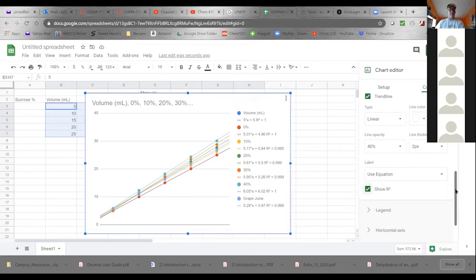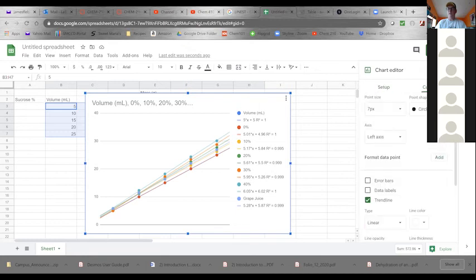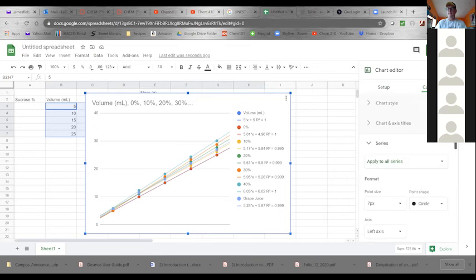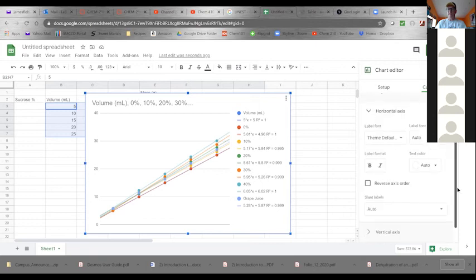I want to change what's on the x-axis, because right now there isn't anything on the x-axis for some strange reason. So what I'll do is go back to customize and change my horizontal axis, which is my x-axis.